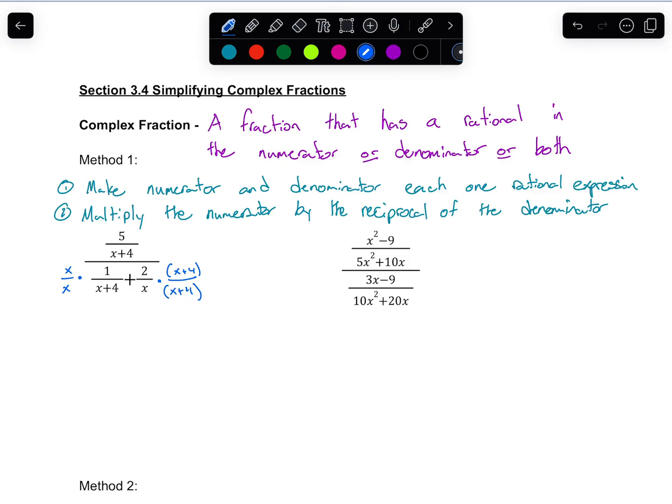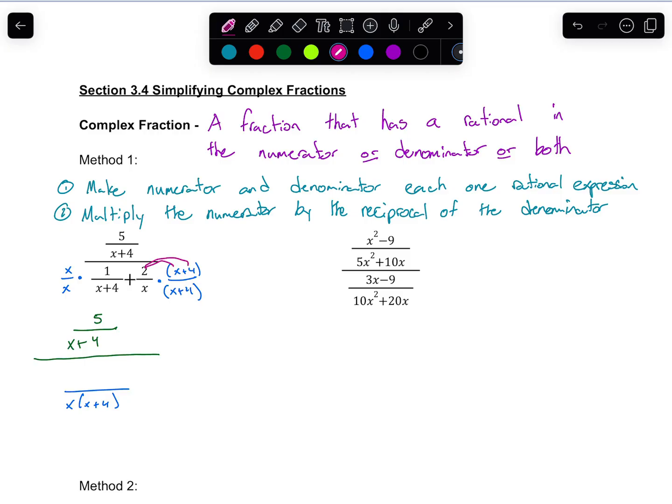And so what that's going to become is my numerator stays unchanged, x plus 4. We are now going to have in our denominator x times x plus 4, and we need to make sure we distribute out anything if we're multiplying up top.